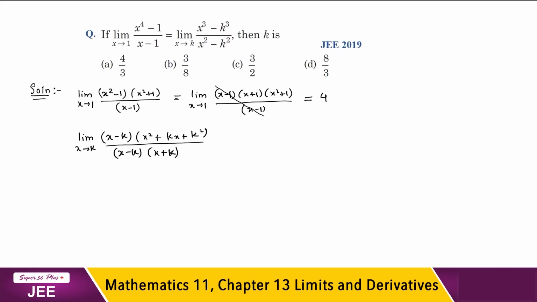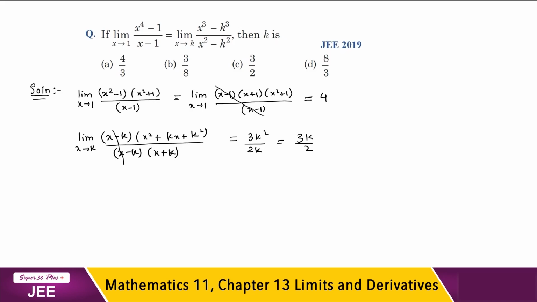Alright students, we have simply used the identity of a cube minus b cube and a square minus b square. I hope everybody must have understood. So when x approaches k, these two get cancelled off, and we can simply evaluate the limit because indeterminacy is gone now. So this becomes k square plus k square plus k square. So numerator is 3k square divided by denominator 2k. So we are left with 3k by 2.